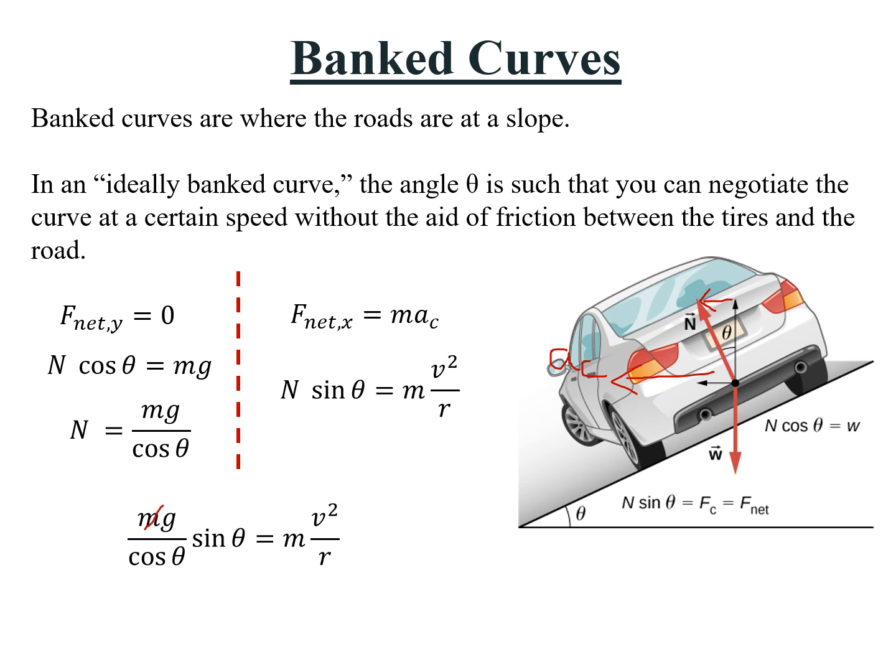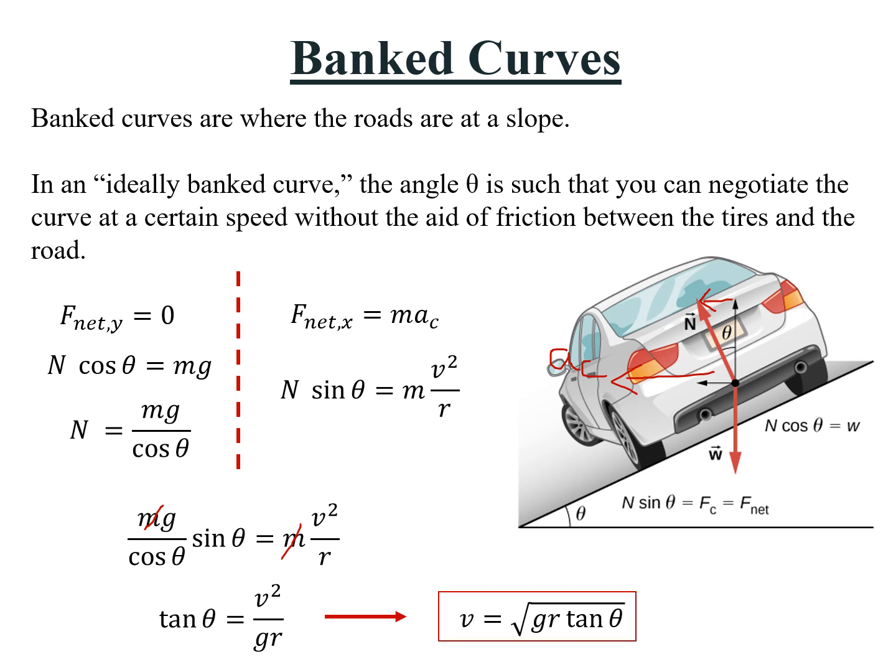The mass cancels out. Sine over cosine is tangent. And if I solve for the speed, I get that the speed is equal to the square root of g r times tangent theta. As you note, in this equation the speed is independent of the mass of the object. It only depends on the radius of curvature and the angle.